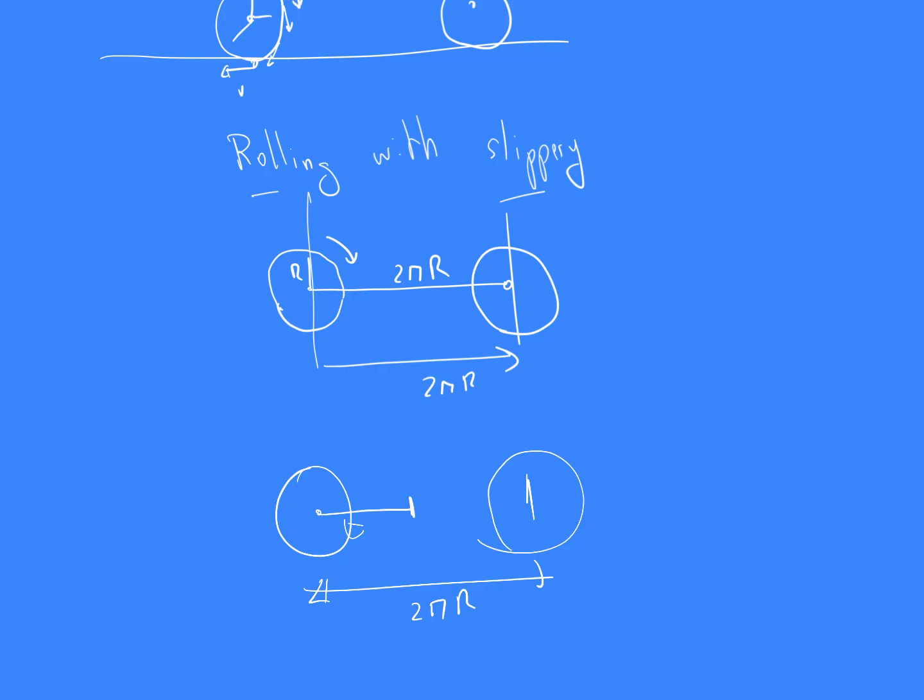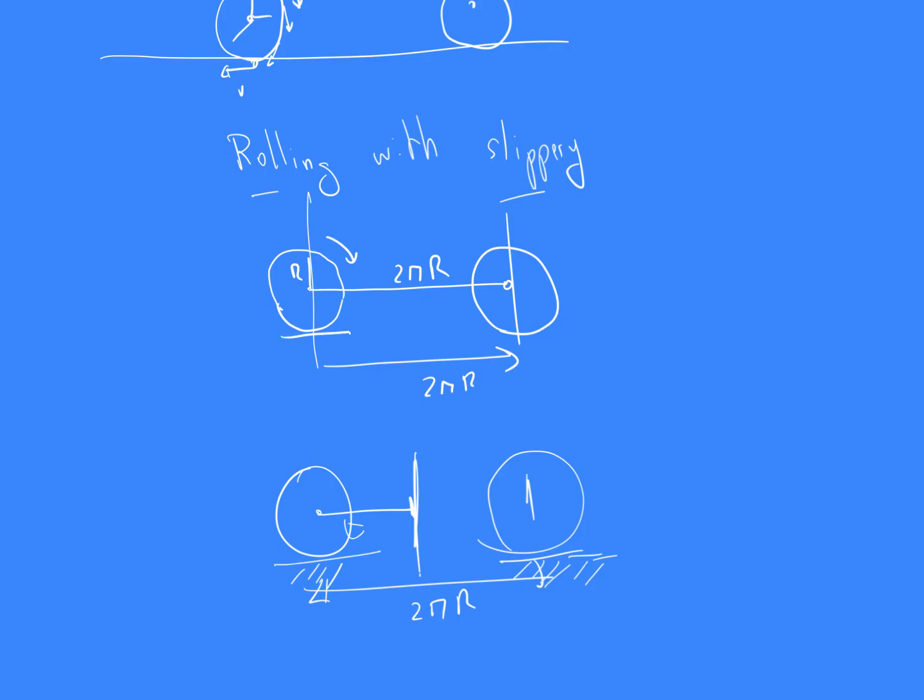If it doesn't arrive at 2 pi r after one revolution, this is rolling with slipping. You see some guys rolling the tires with slipping, just playing. I don't know what they play, but they do it. And of course, they produce big deterioration of the tire, because there is friction force there.